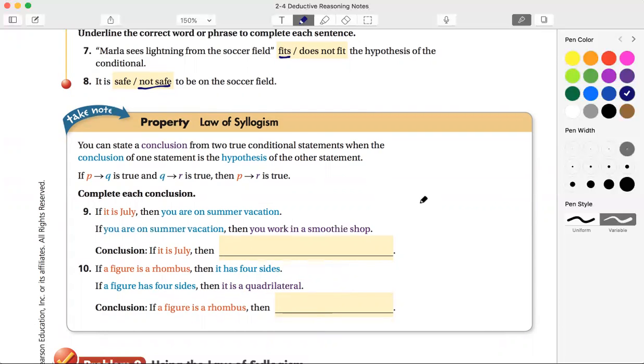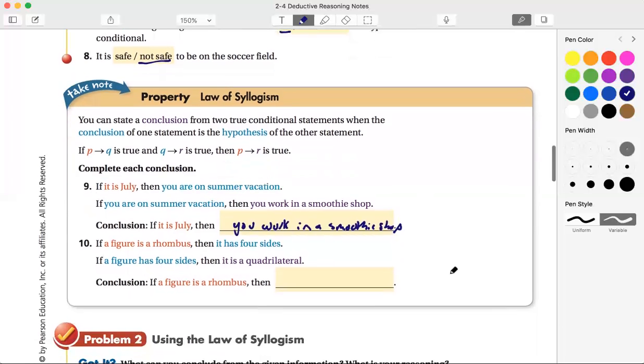So for example, if it is July, then you are on summer vacation. If you're on summer vacation, then you work in a smoothie shop. So skipping the summer vacation part, if it is July, then I must work in a smoothie shop, right? You work in a smoothie shop.